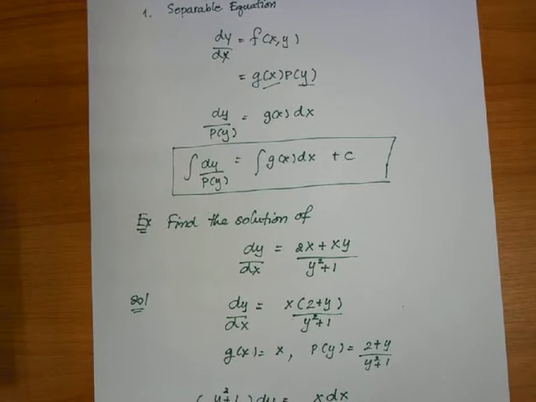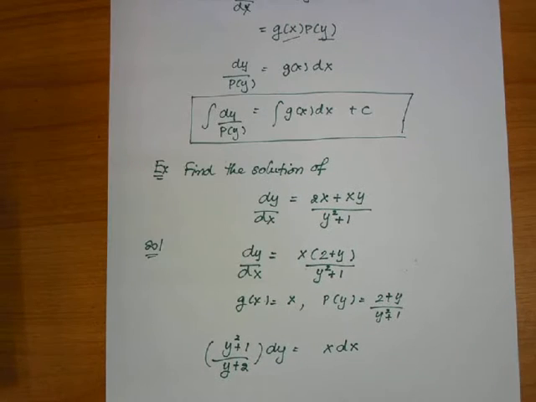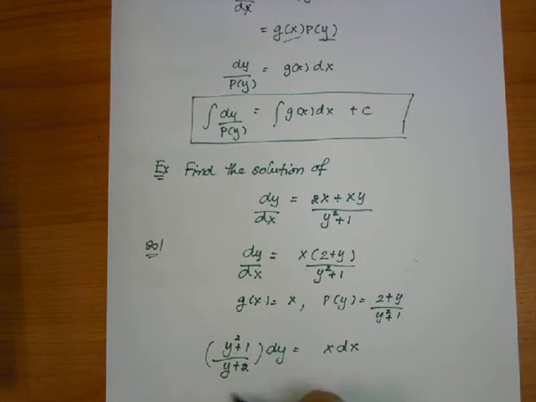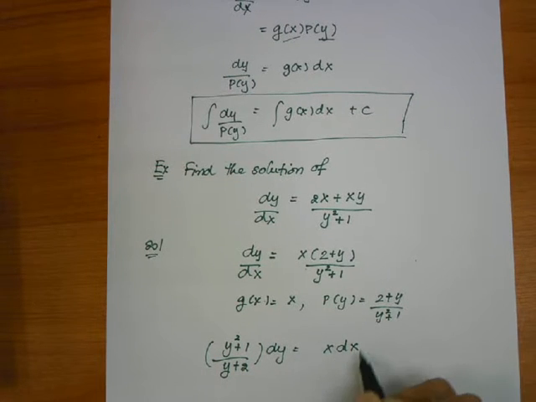Right? Now, on your left-hand side, you have only y, and on your right-hand side, you have only x. So in this case, you can do the integral, because the left-hand side you integrate with y and the right-hand side you integrate with x. Okay. Then we do the integral.